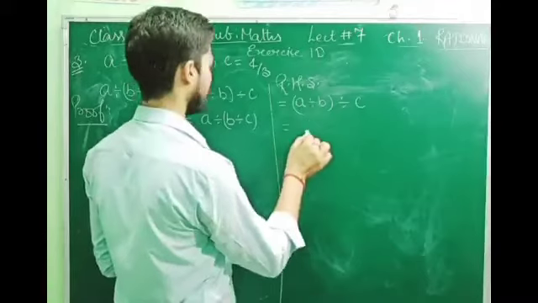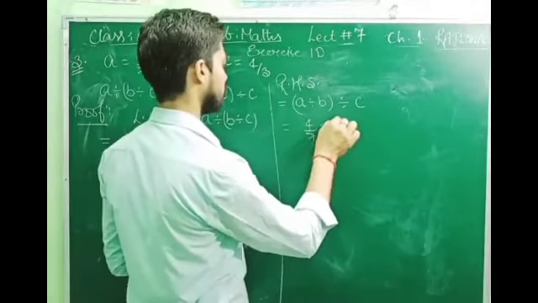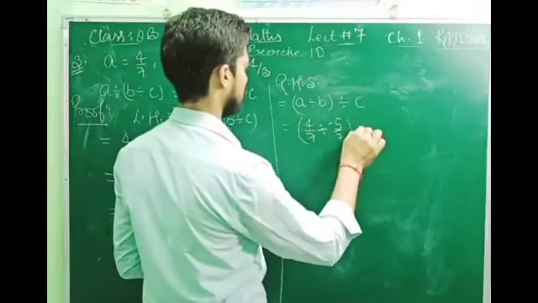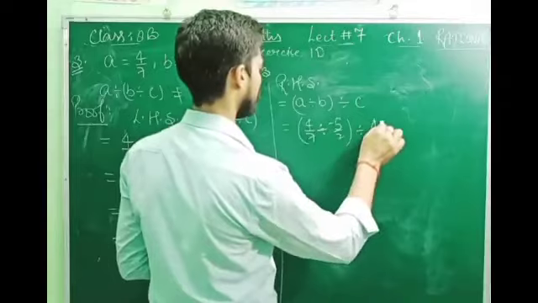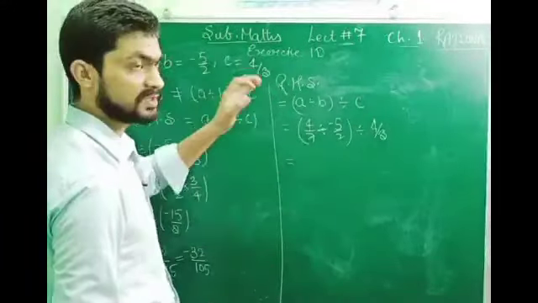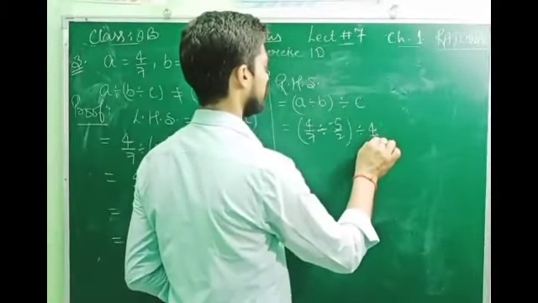A means 4 by 7, B means minus 5 by 2, C means 4 by 3. Here, due to lack of space, I wrote in this manner. Don't think that C we have to write in that manner only.